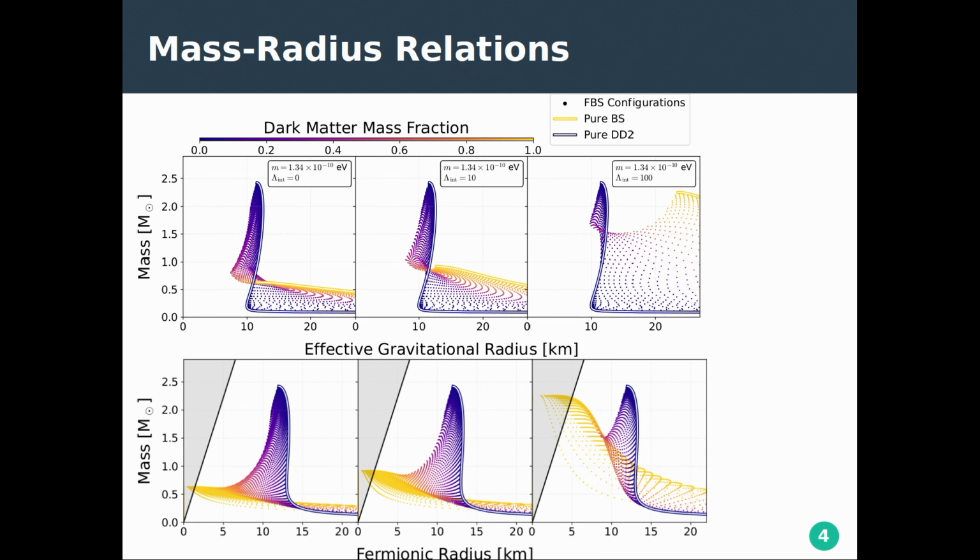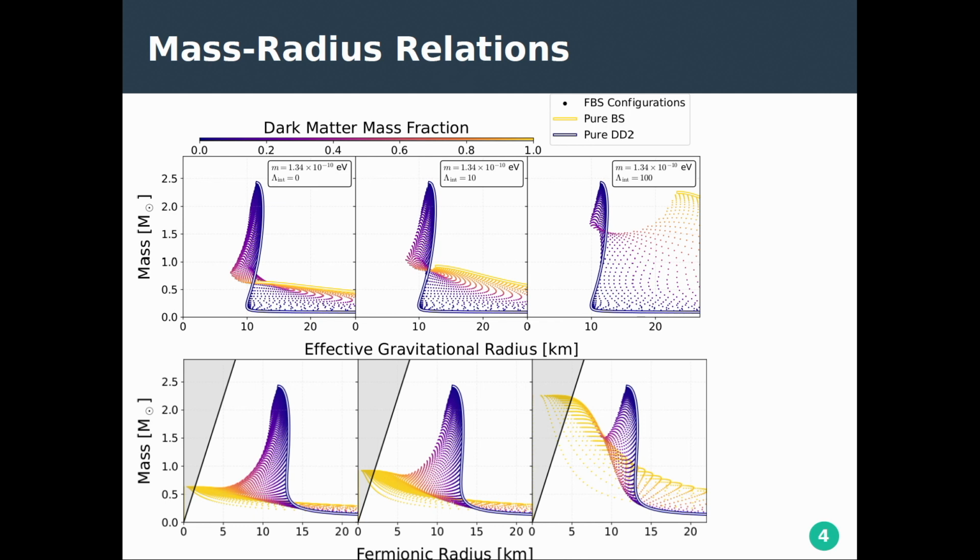This gives you an idea of the compactness of the object. Down here we plot the fermionic radius, what you would actually probably see with a telescope. And you can see here, in this region you have core solutions and your star gets more compact. And down here you have halo solutions.